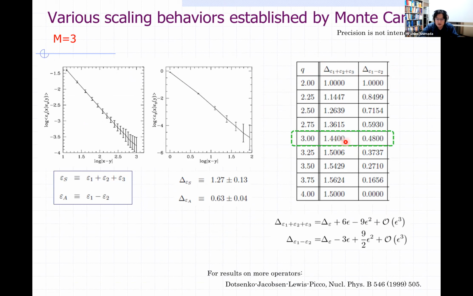This is the prediction for m equals 3 of conformal perturbation theory for q equals 3, and they compare this. The prediction is not so good here. The agreement is reasonable, not so impressive, but it clearly establishes this scaling behavior.